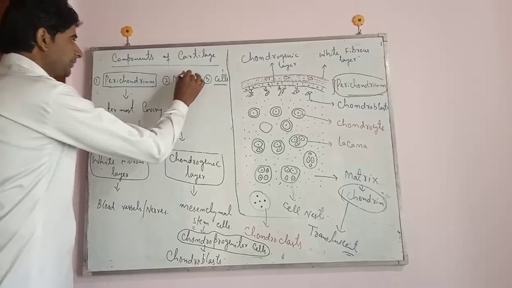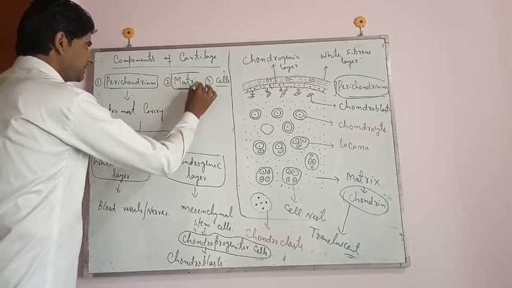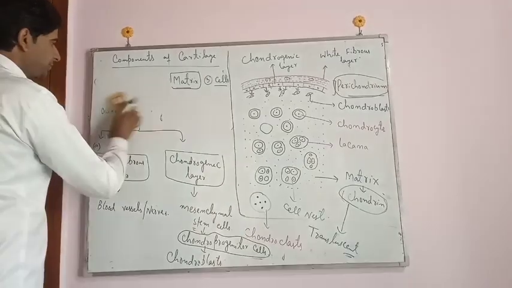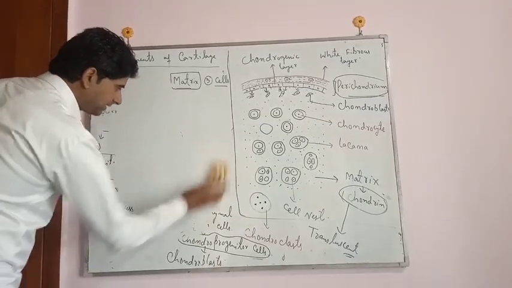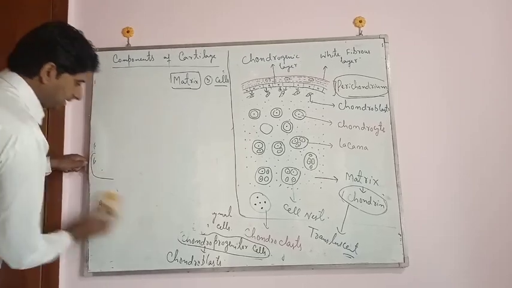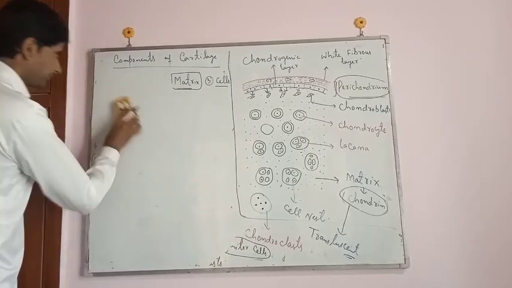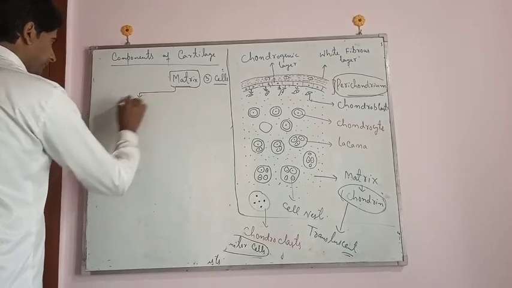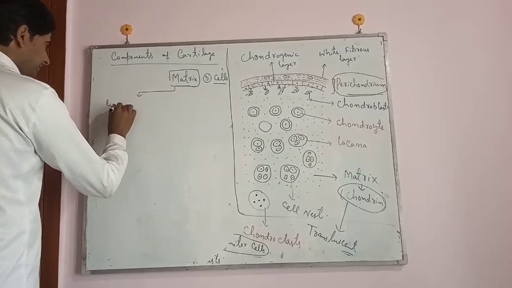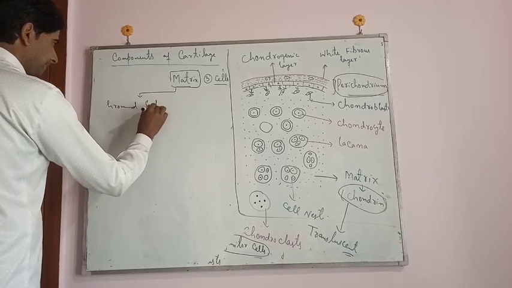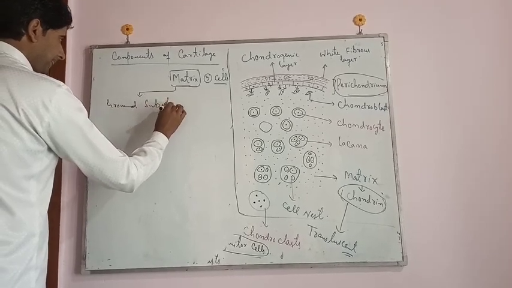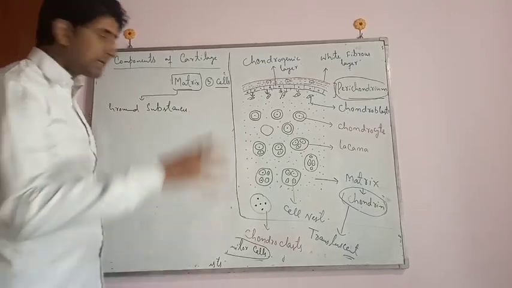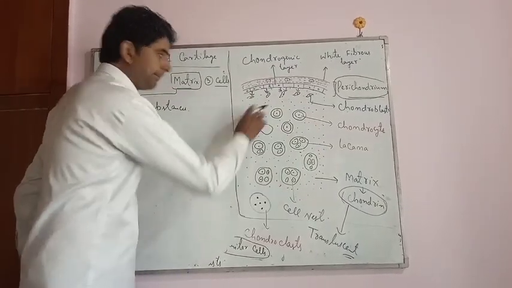Now moving on to the second component of the cartilage, that is the matrix. The matrix, as you know, is also termed ground substance, which forms a bulk portion of the cartilage.